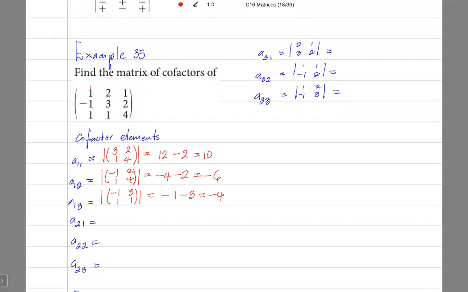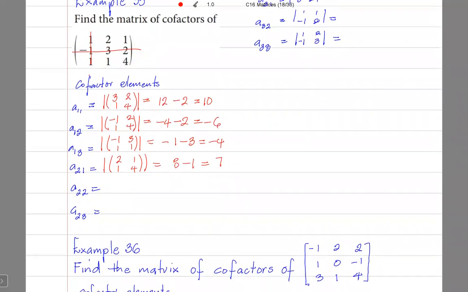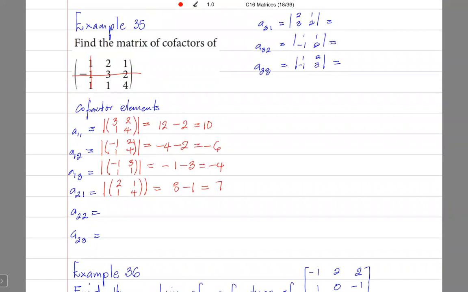Second row, first column. This is going to be the determinant of [2, 1; 1, 4]. The determinant here is 2 times 4, 8, minus 1 times 1, which is 7. Middle row, middle column, it's going to be the determinant of [1, 1; 1, 4], which is equal to 1 times 4, 4, minus 1 times 1.